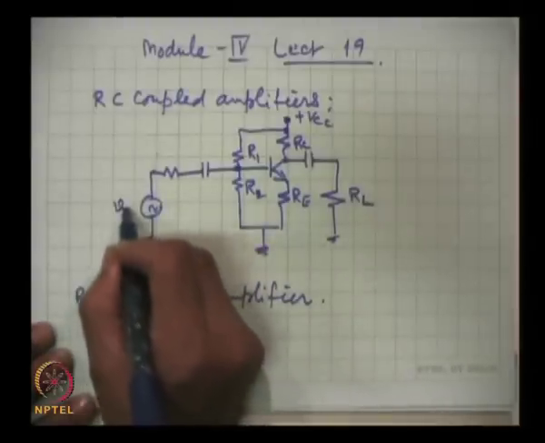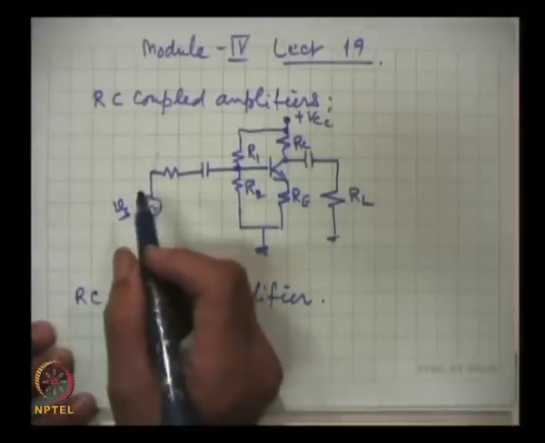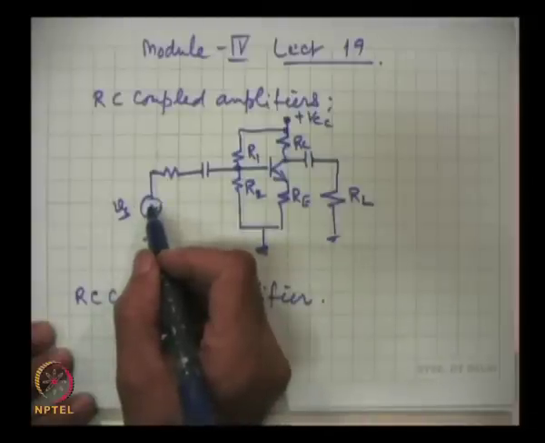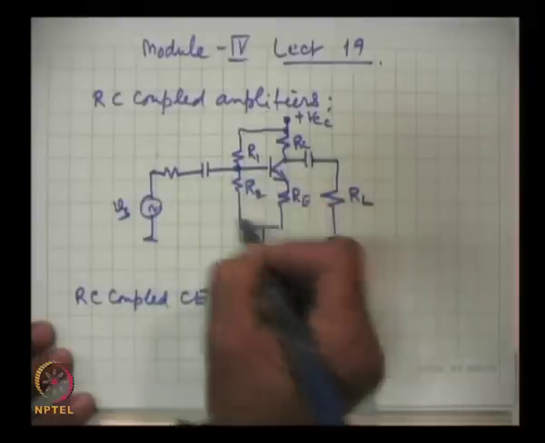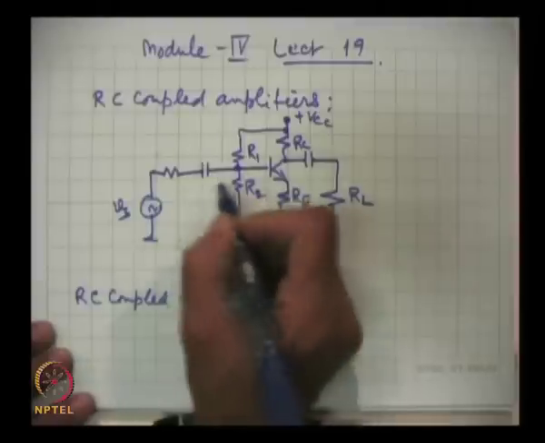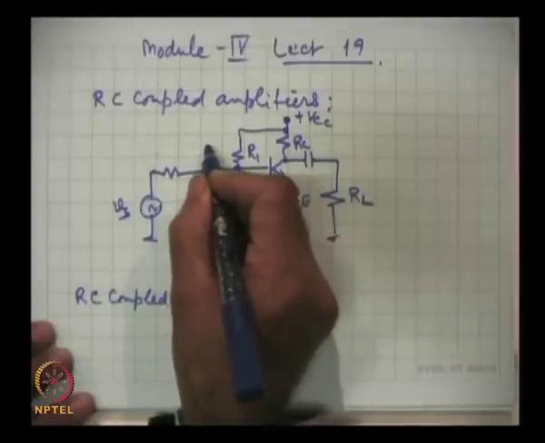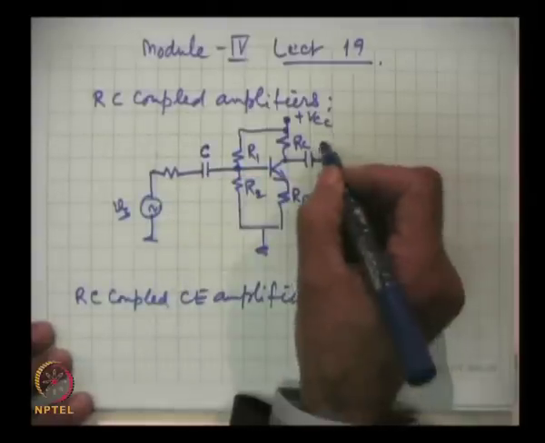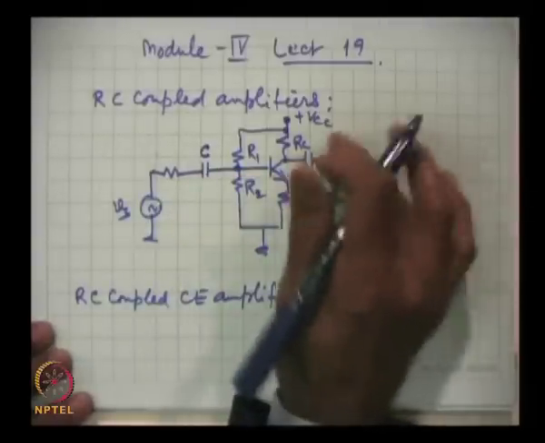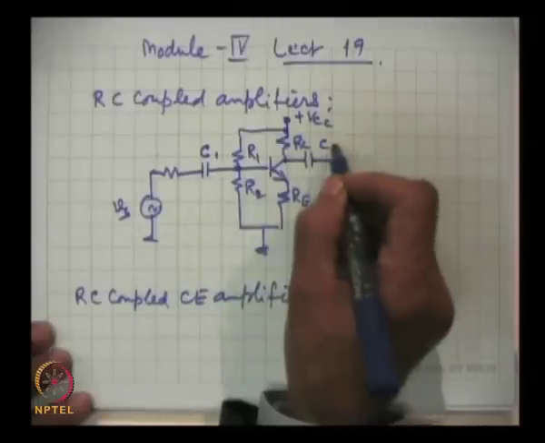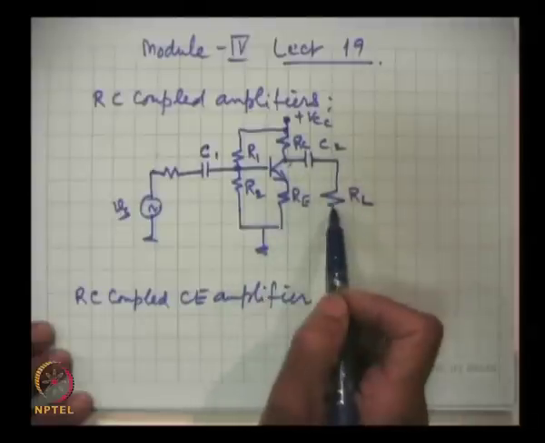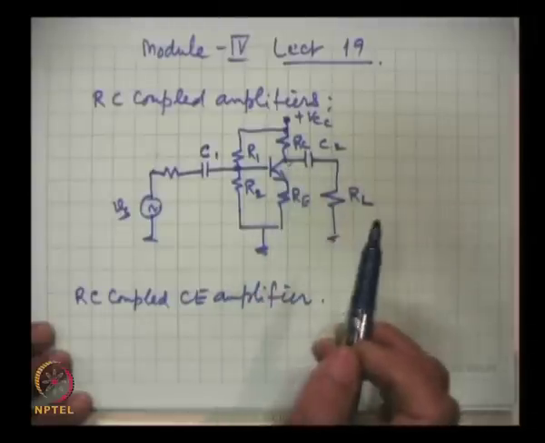This is the signal which I said might be coming from a microphone or an oscillator, and this is to be coupled to this amplifier. This is the basic amplifier. Now, this is the coupling capacitor C. This is another coupling capacitor which couples the load to the amplifier.